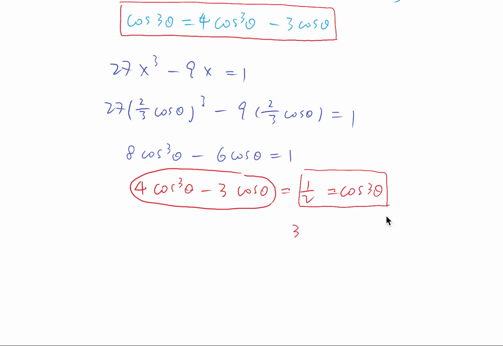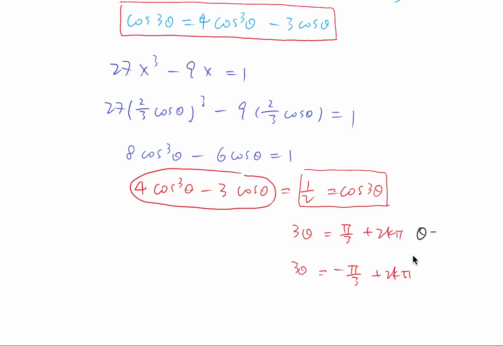You could have 3 theta equals pi over 3 plus 2k pi, and you could also have 3 theta equals minus pi over 3 plus 2k pi. Then we can find the corresponding solutions by letting k equal 0, 1, and 2, and then dividing by 3 to get theta.